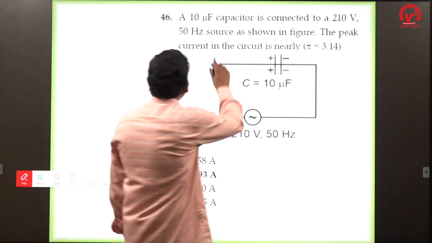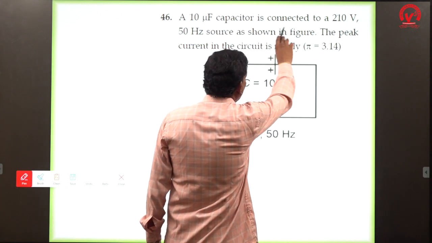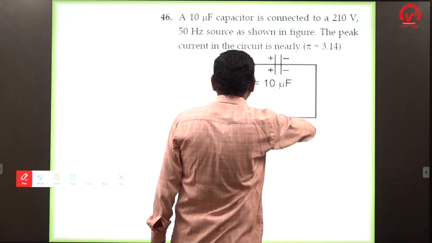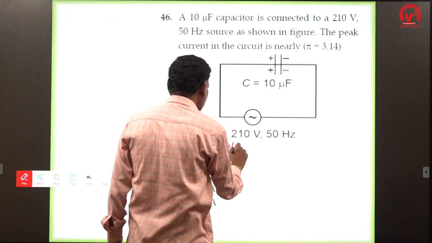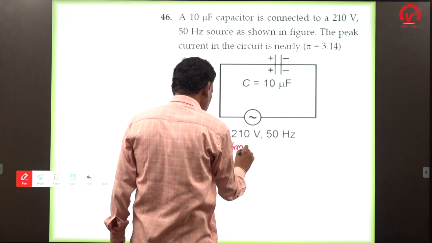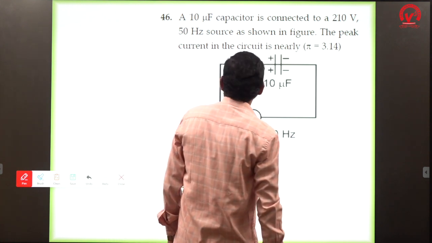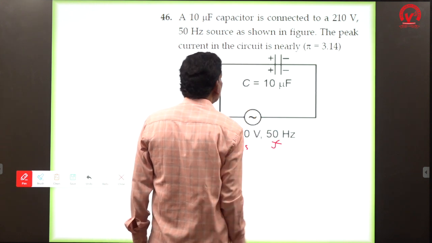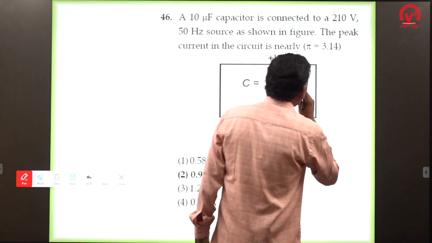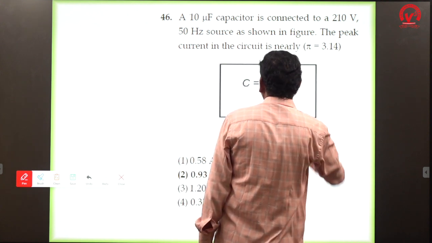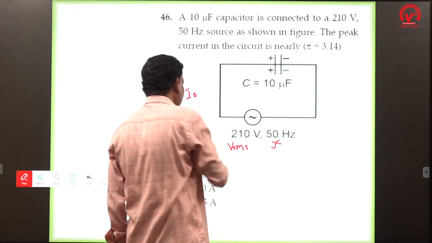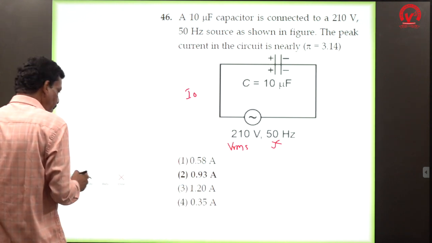A 10 microfarad capacitor is connected to 210 volts. So VRMS is given, and the frequency of 50 Hz is given, and C is given in the figure. We require to find I naught, the peak current in the circuit.